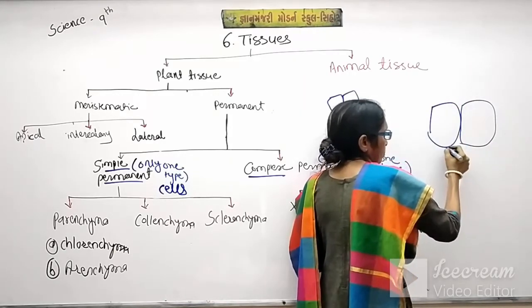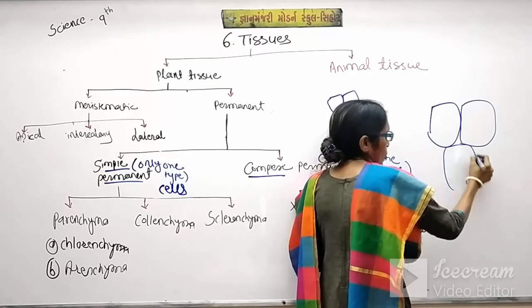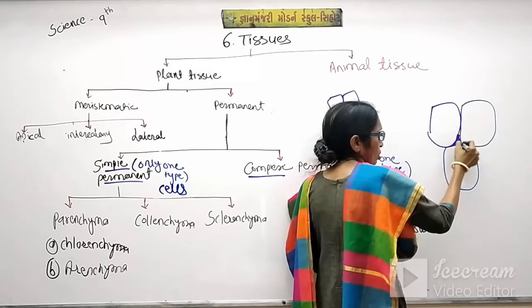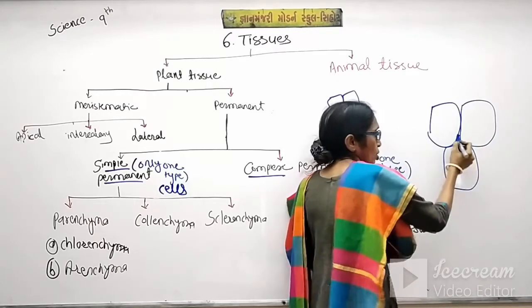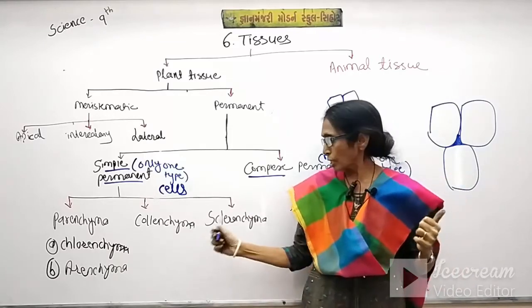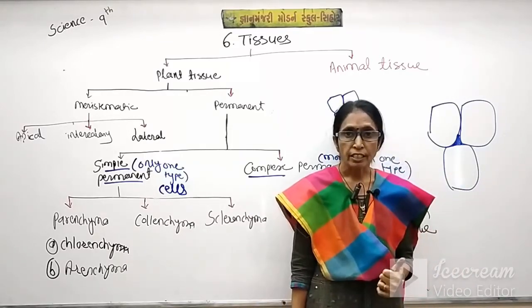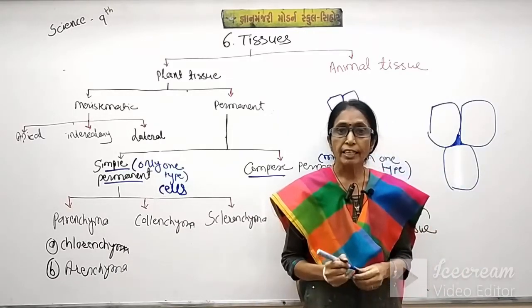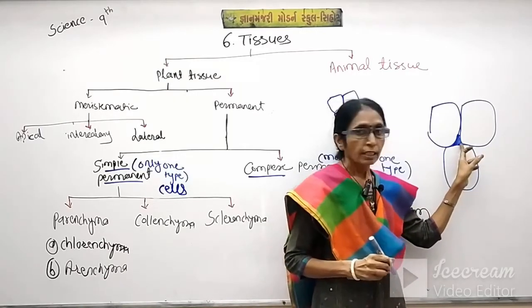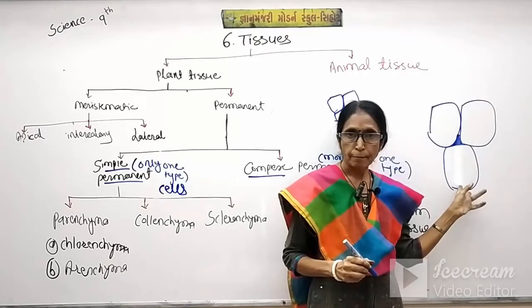They are of different types. So the space between the cells is called intercellular space. So the walls of this collenchyma are thick. Therefore, they have intercellular space between two cells.